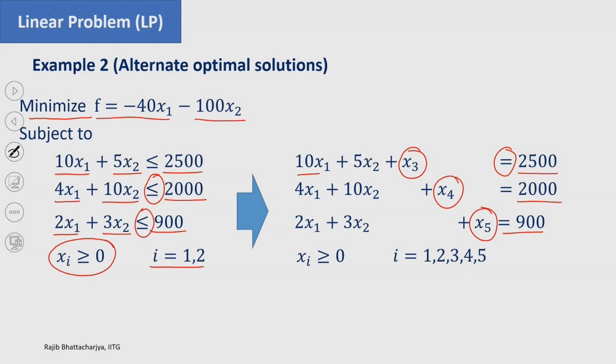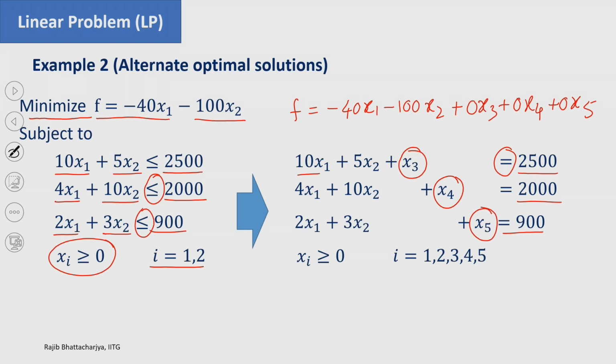So, now this is in standard form. So, I can write the objective function here. So, this is minus 40 x 1 minus 100 x 2 plus 0 x 3 plus 0 x 4 plus 0 x 5. Now, what is the initial basic feasible solution?